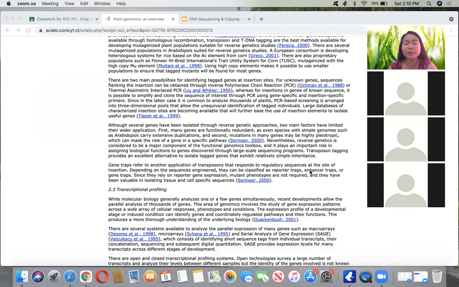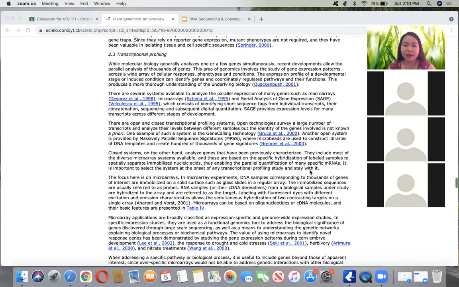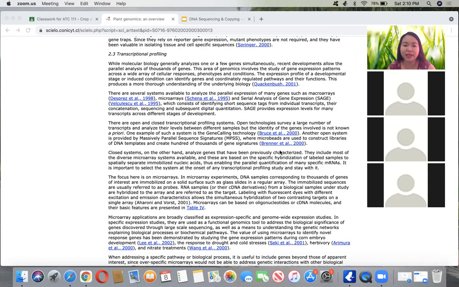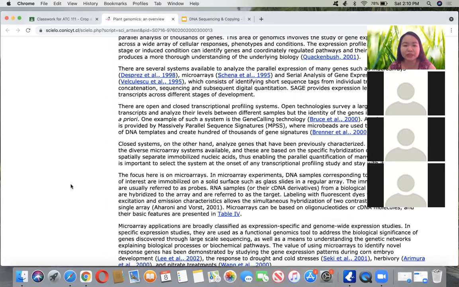This is all about the functions of each gene to the phenotypic characteristics of crops, since we are dealing with plant genomics. Then we have what is called transcriptional profiling. This analyzes a few genes simultaneously, and is one of the recent developments which allow parallel analysis of thousands of genes.